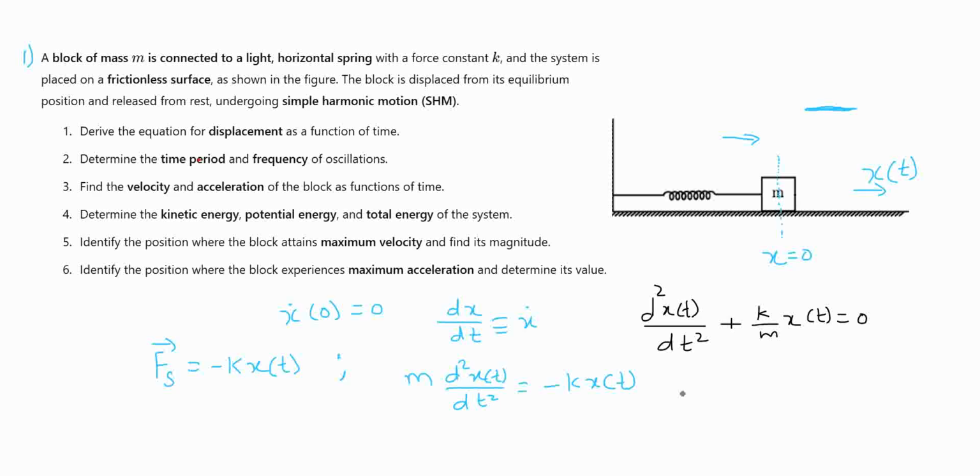So x of t will be in the form a cos omega t plus b sin omega t. Since we have k by m times x of t here, omega equals under root k by m.